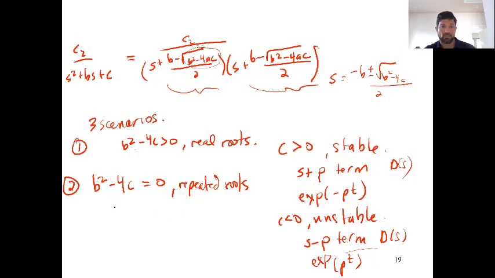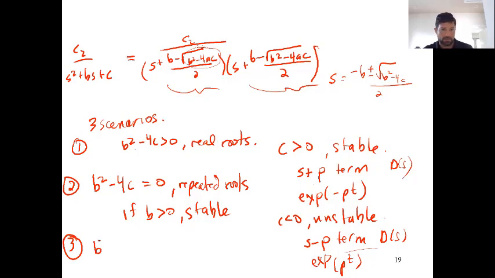If I have repeated roots, all that matters is the value of b. So if b is greater than 0, it's stable. Therefore, if b is less than 0, these are going to give us s minus b over 2 terms. It'll be unstable.